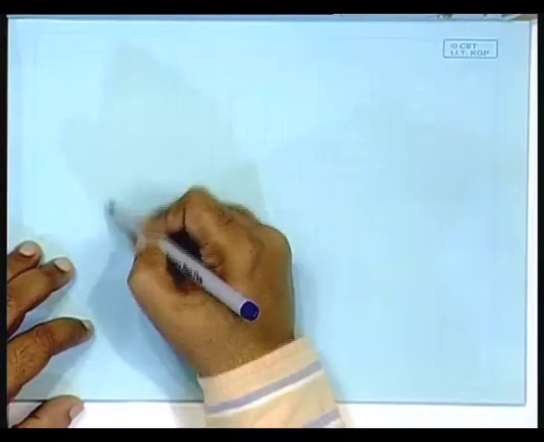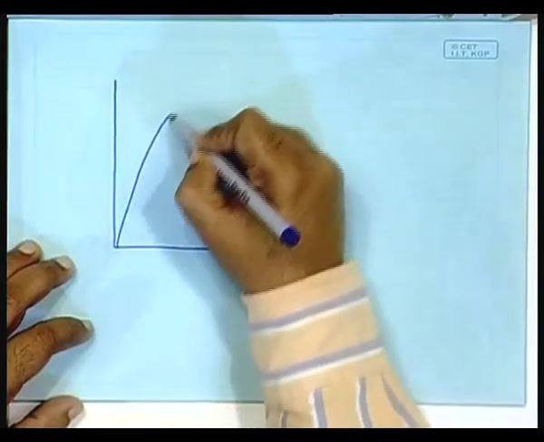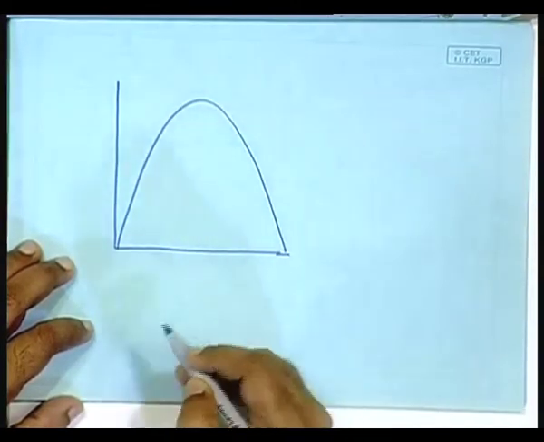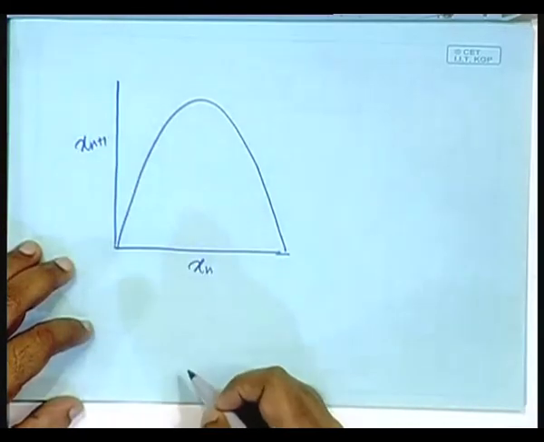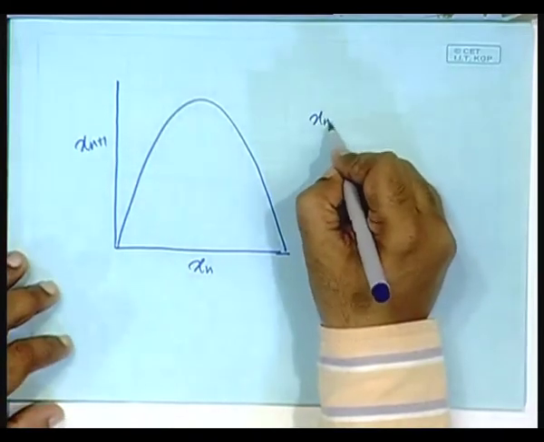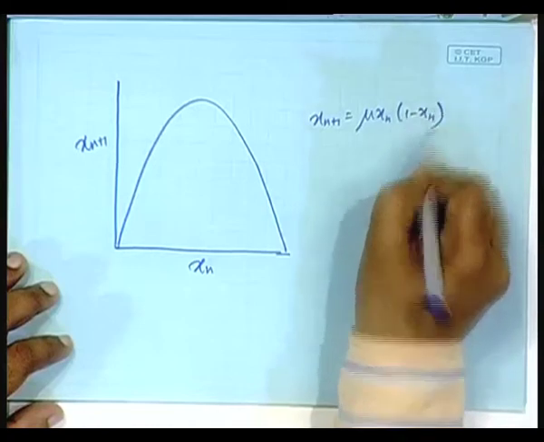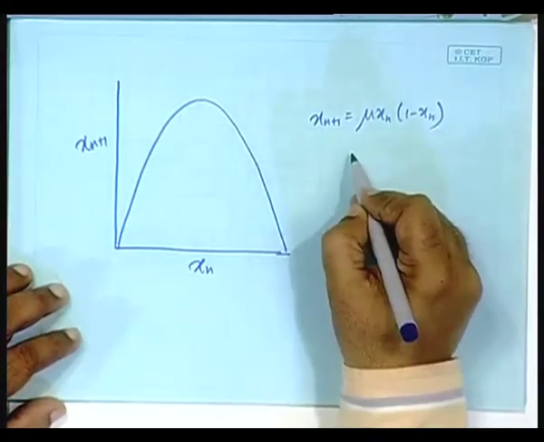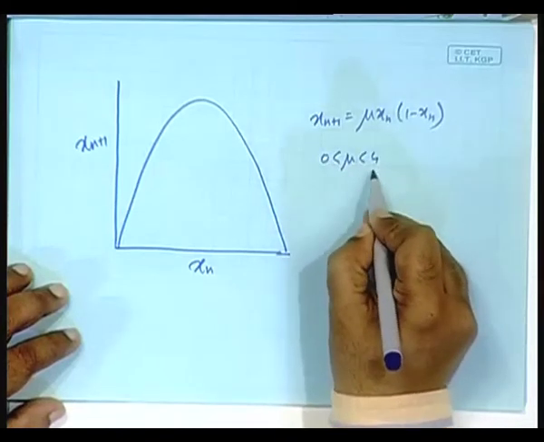Let us recall the situation that we had in the logistic map, x n versus x n plus 1. We had x n plus 1 is equal to mu x n times 1 minus x n, this was the map, and we had done mu equal to 4.